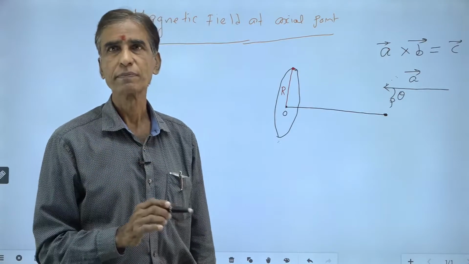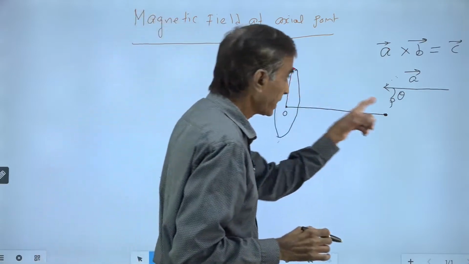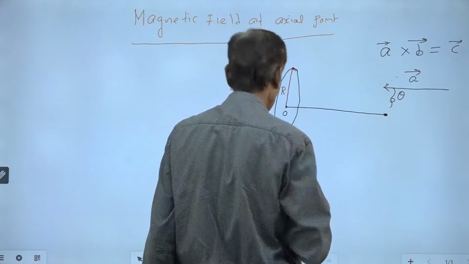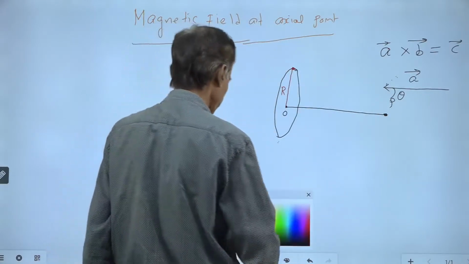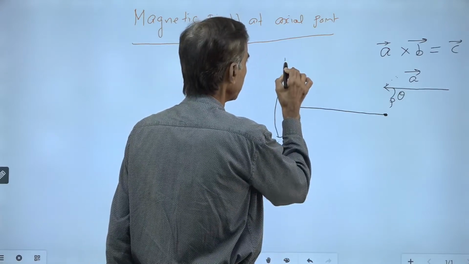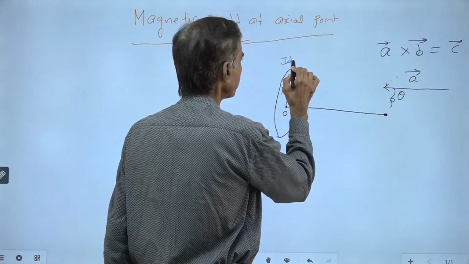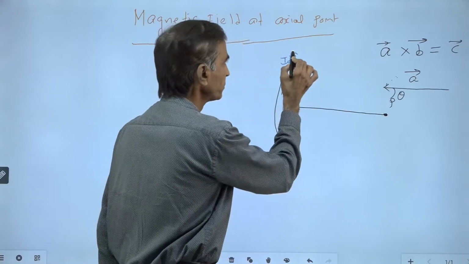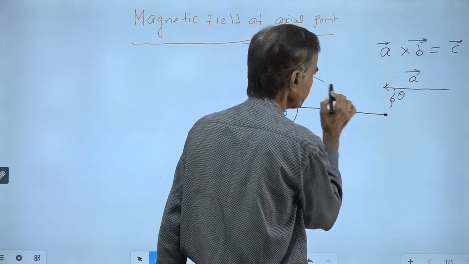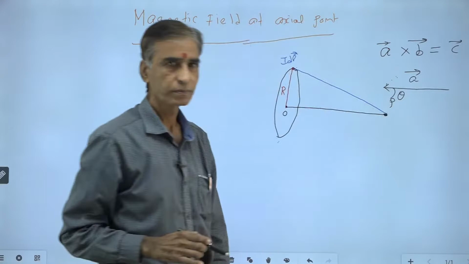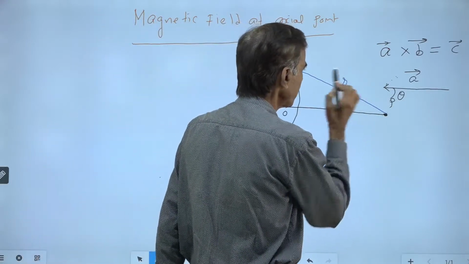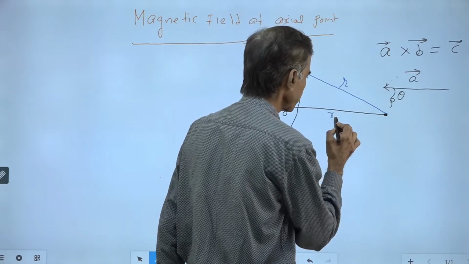This is our current element, I dl. Now join our point P to the current element. That is our r. Let us say this distance is x.